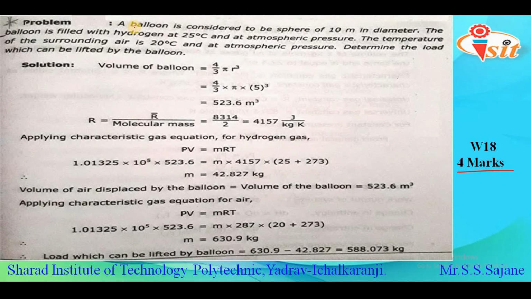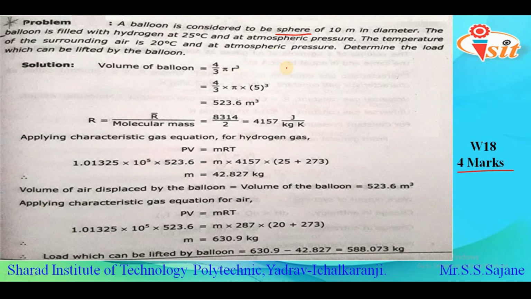First of all, we know that the volume of the balloon is given by the formula 4/3 pi r cube, where r is nothing but the radius of the balloon. In the question they have given that the balloon is actually a sphere, so we are using this formula of volume for a sphere, equal to 4/3 pi r cube.